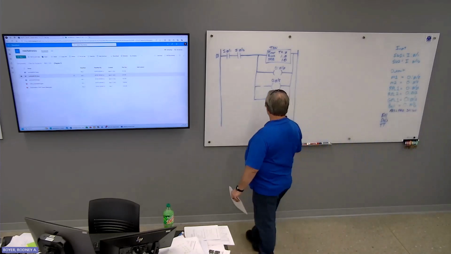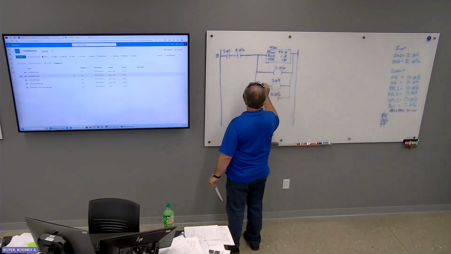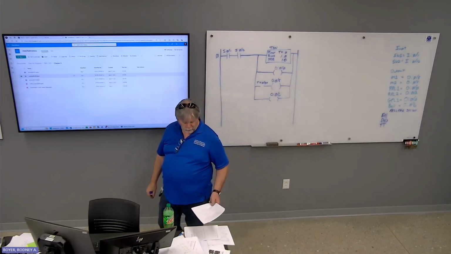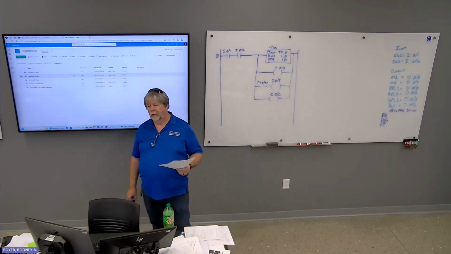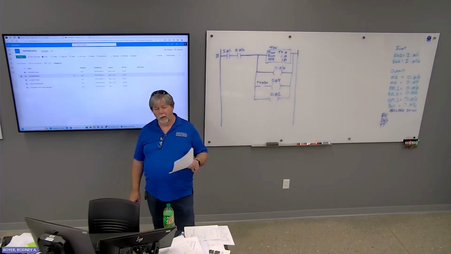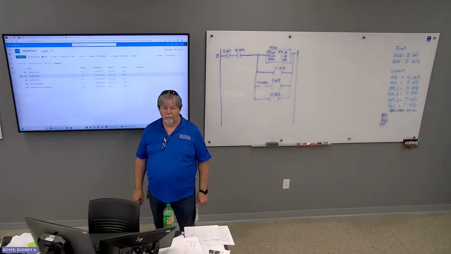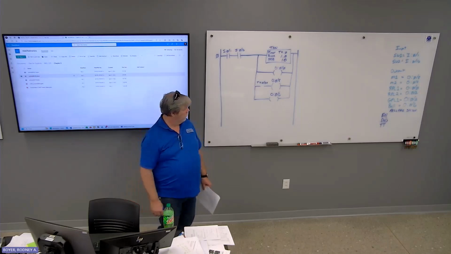So I'm obviously going to use T4:0/DN, but what instruction do I want to use to turn off my motor when the timer gets done? Okay, let's go old school here.